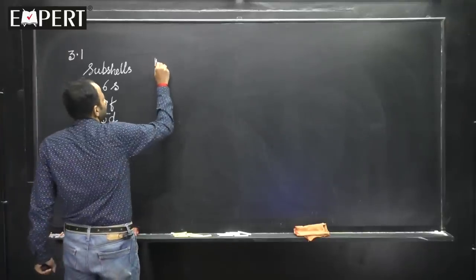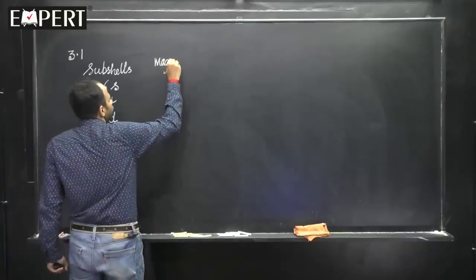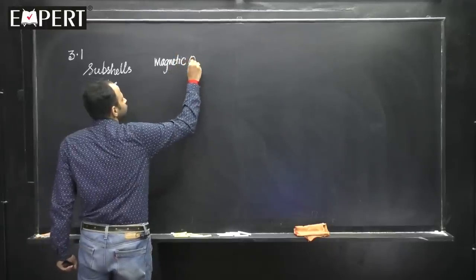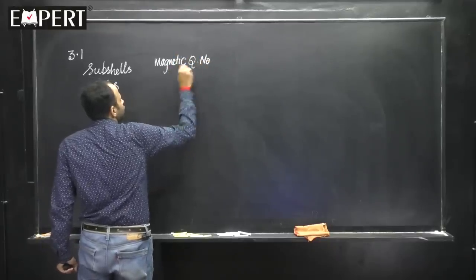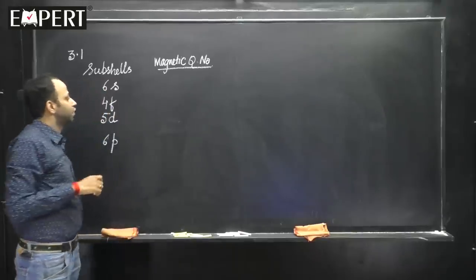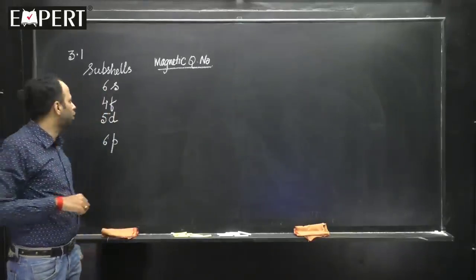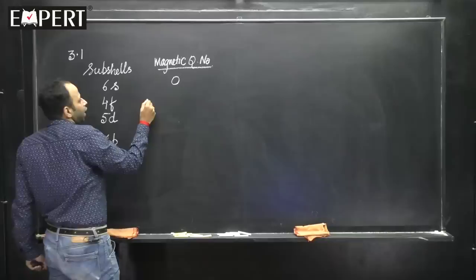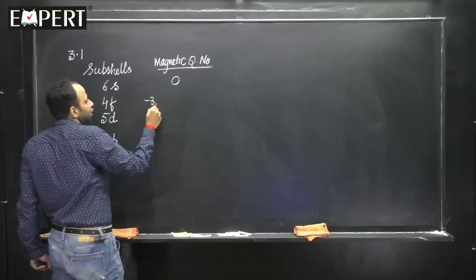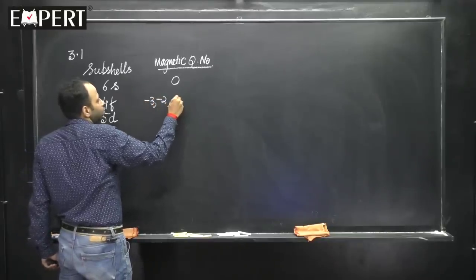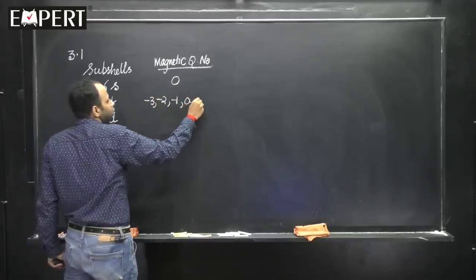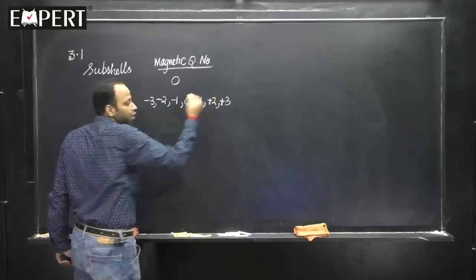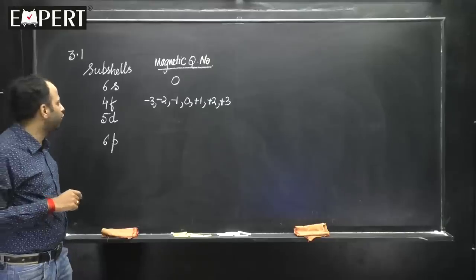Then you can have the magnetic quantum numbers. In case of the magnetic quantum number, for s you can take it as 0, for f it is -3, -2, -1, 0, +1, +2 and +3, because that is what you have for the f orbital.